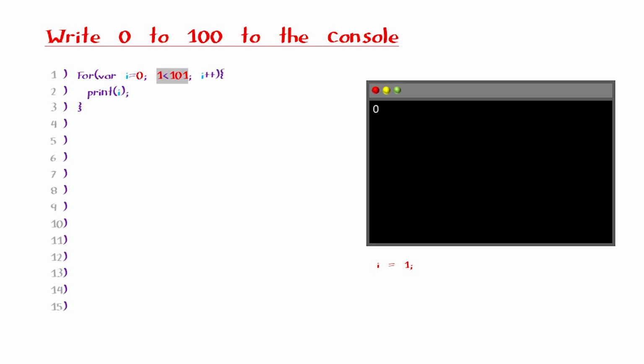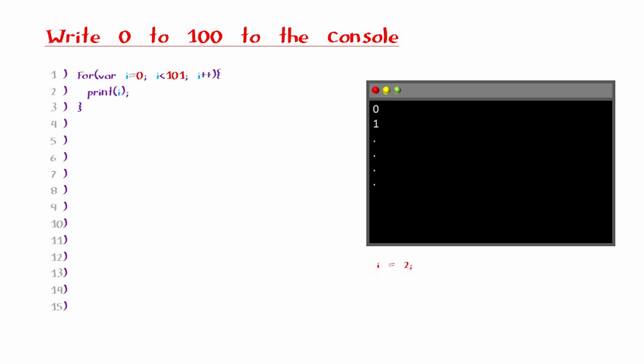This time the value of I is 1. 1 is still less than 100, so the condition is true and we stay in the loop. Now what do you think happens? The code block outputs the value at I and then moves on to the next command, which is just the end of our loop. At the end of our loop, I is incremented to 2.